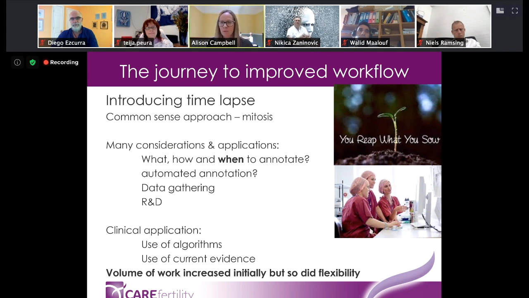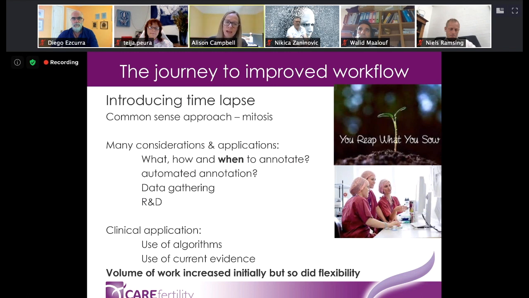We want to choose the very best embryo with the best chance. So we had to just think, well, we know what to expect from mitosis. We want to see the cells keep doubling over time. So if we don't see that, then that could be a bad sign. So we used the software tools that were available to mark embryos that hadn't developed as we would expect from the textbooks, but we did have some surprises.